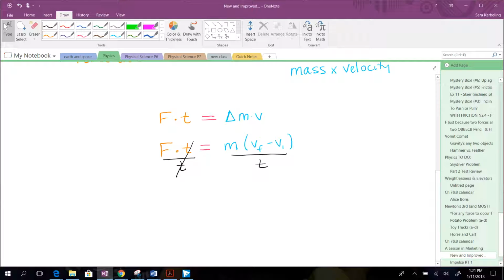So far, so good? I just want to make sure people don't think I'm breaking algebra. I'm also going to divide by mass, all in one fell swoop. And then I'm going to rewrite it because that's a huge mess.